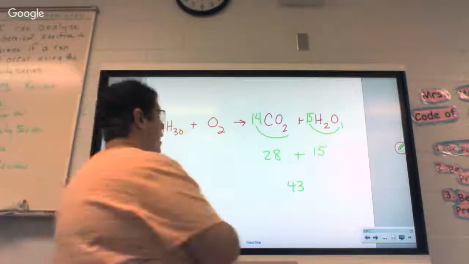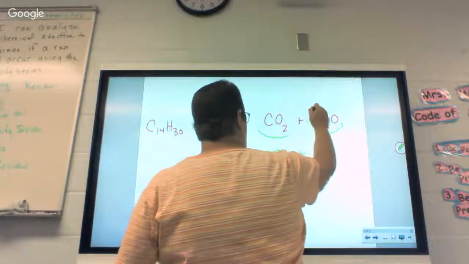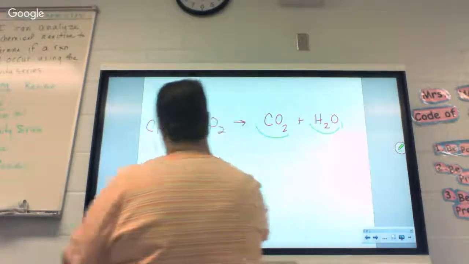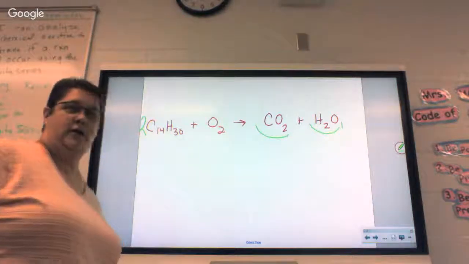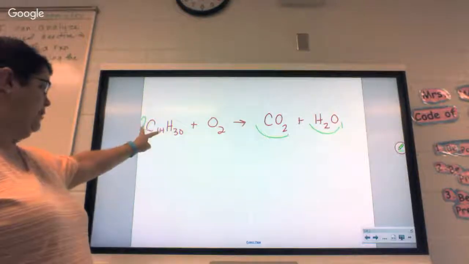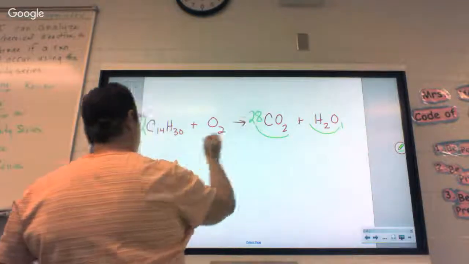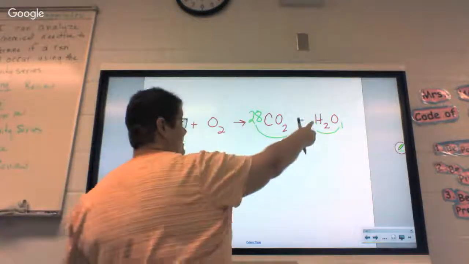No. So, what did I tell y'all to do if you got an odd number of O's? Come back to the front and put a 2 on that very first compound, because now it's going to be an even number. So 2 times 14 makes what? We need 28 C. 2 times 30 makes 60. So I need 60 H's.